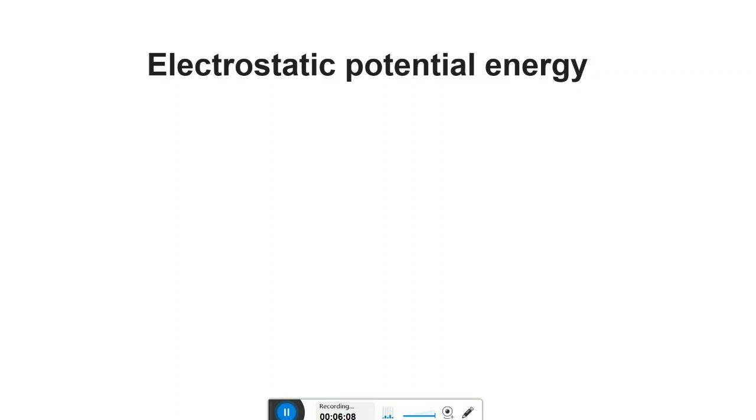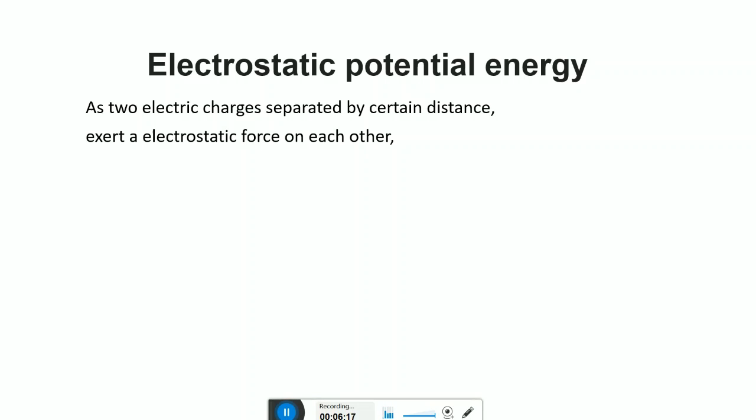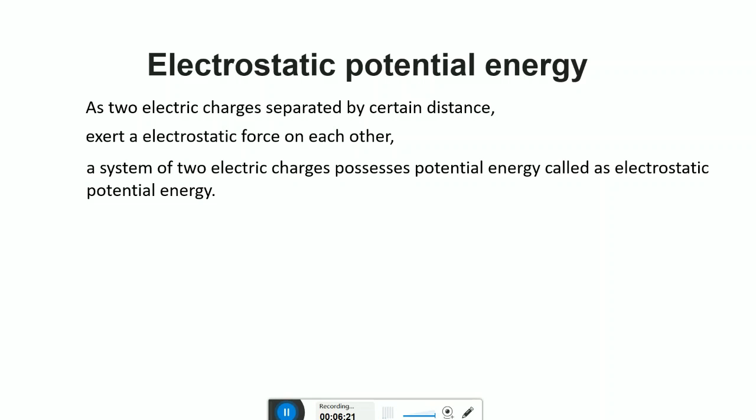Then electrostatic potential energy. As we know, two electric charges separated by a certain distance exert an electrostatic force on each other. A system of two electric charges has a potential energy called electrostatic potential energy.